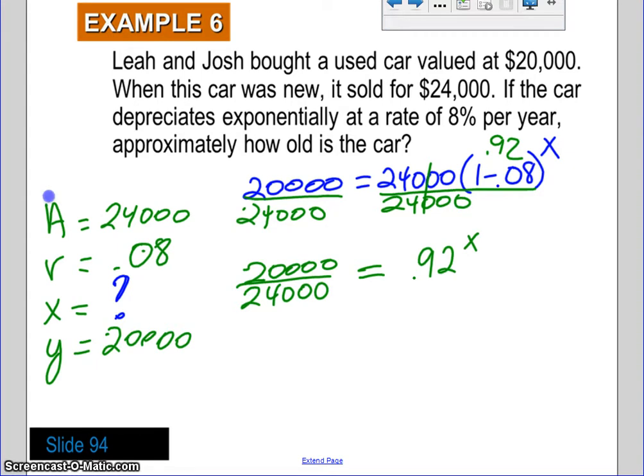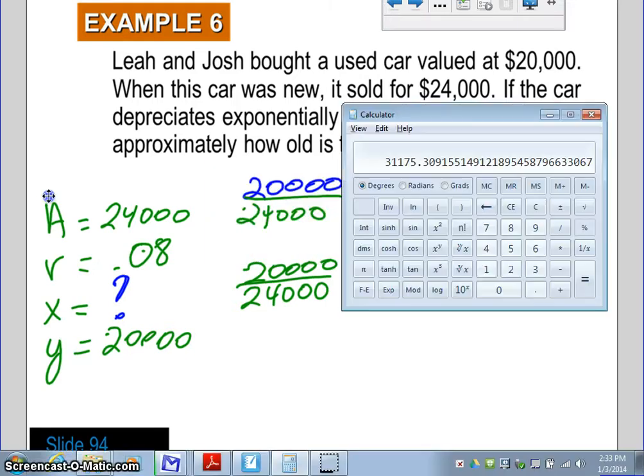Now, we've got a little issue whenever we have a variable in our exponent, and that's when we need to use our natural log. If we look on here, natural log is that one right there.